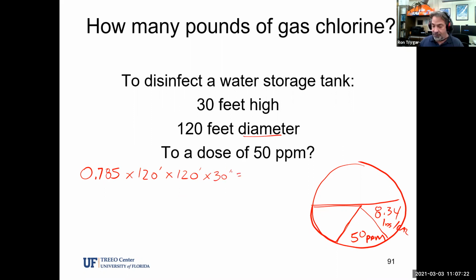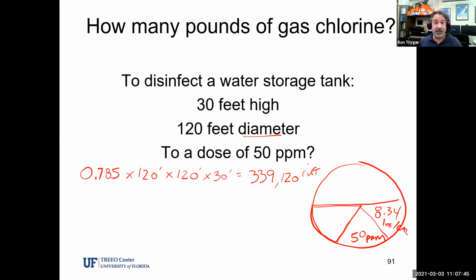And let's see how many cubic feet this turns out to be inside that tank. So 0.785 times 120 times 120 times 30. And I came up with 339,120 cubic feet.